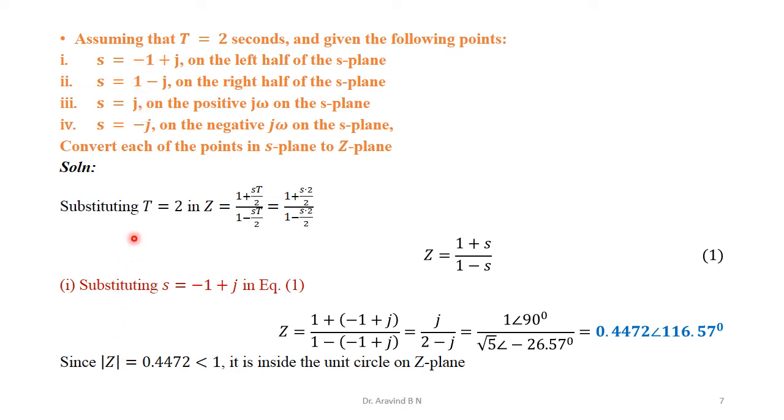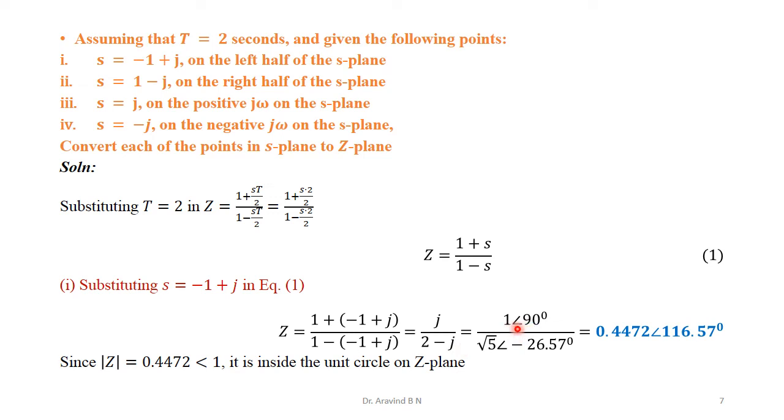First, s is equal to minus 1 plus j is given. So substitute s is equal to minus 1 plus j in equation 1. In place of s, substitute minus 1 plus j. After simplification we get j divided by (2 minus j). Convert that into magnitude and phase representation.